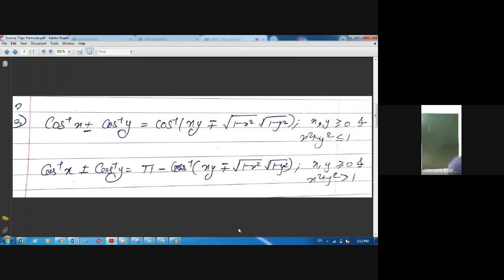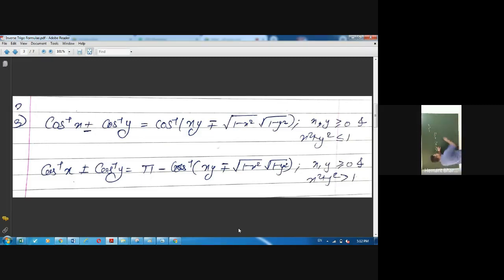Similarly, we have for cos also, cos inverse of x plus minus cos inverse of y is nothing but cos inverse of xy.